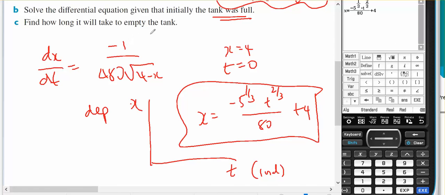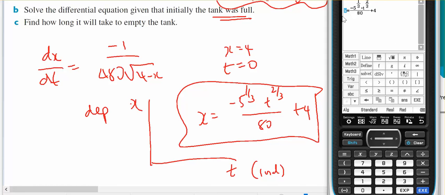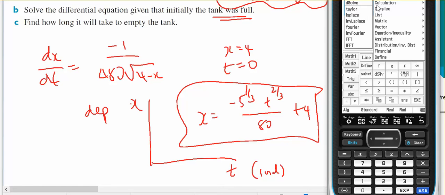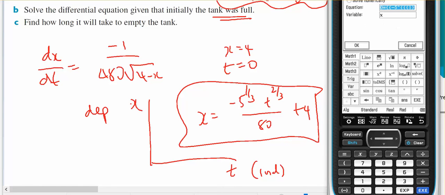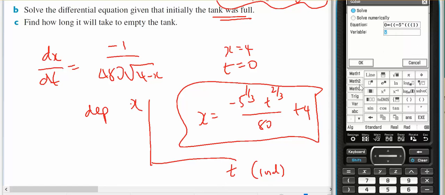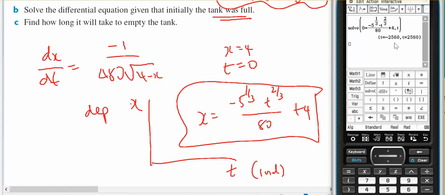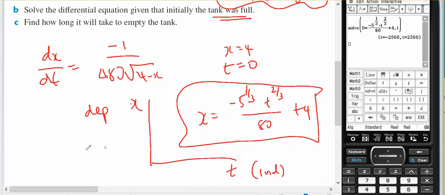And lastly, how long will it take for the tank to empty? So here's my expression. If I make x equal to 0, because it will be empty when the depth of the water x is 0, and advanced solve for t, -2560 or 2560. So t equals 2560 minutes. That's how long it's going to take for it to empty.